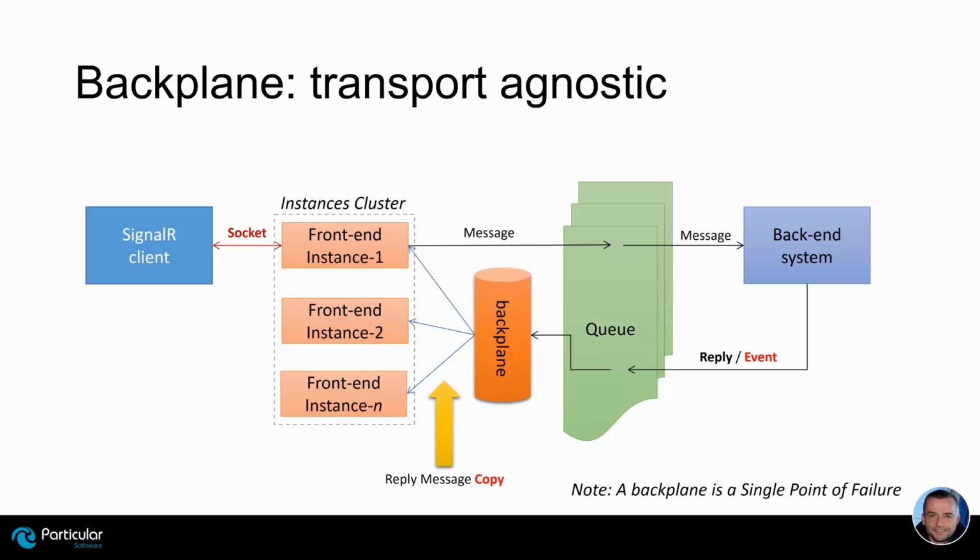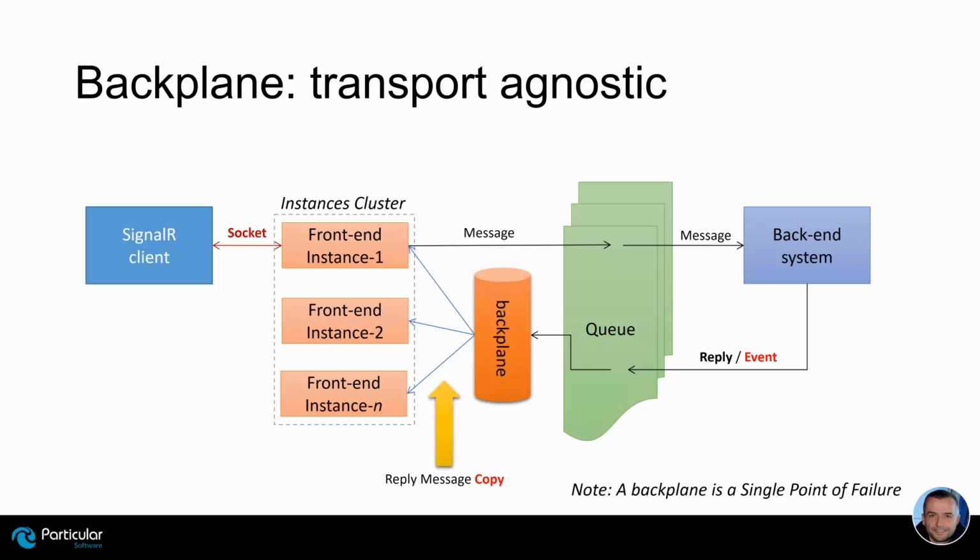So when the reply comes back from the backend system, it will be handled by the backplane. The backplane sits there just to make a copy of the reply that will be available to any of the instances in the front-end cluster. This copy of the reply now sits in the front-end instance 1 queue, instance 2 queue, instance whatever queue. What's the side effect of this?